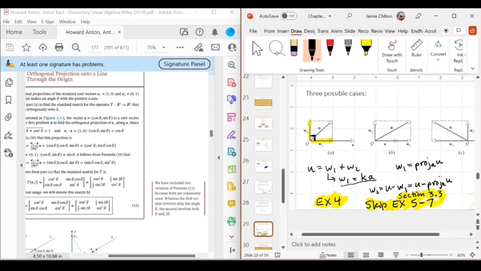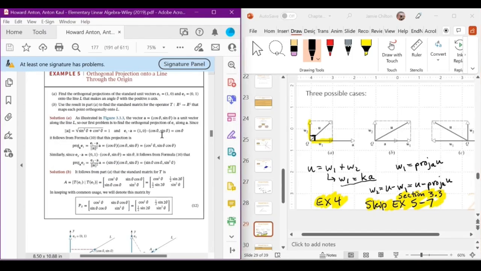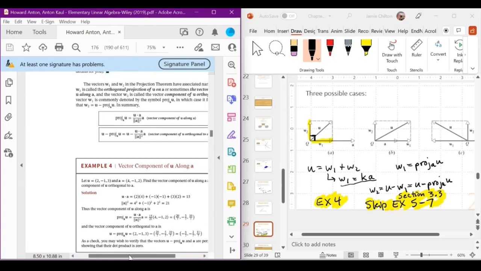So we are trying to decompose U into two vectors, where U is the sum of W1 and W2. And we've now learned all these handy things in order to calculate what those W1 and W2 are.